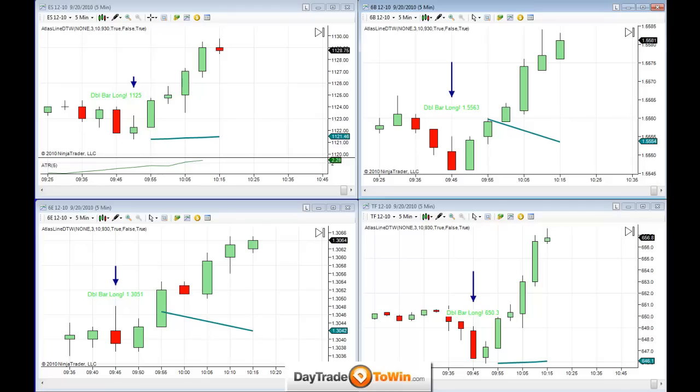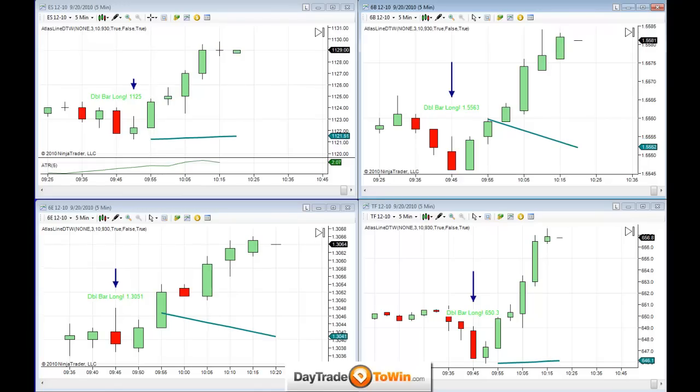I need to see at least 2 consecutive candles pulling back, so 2 consecutive bearish candles. Okay? Once that occurs, the first bullish candle that appears, at the close of that candle I want to take it long, because now it's proving to me that it's going back in the direction of the Atlas line, or I should say back in the direction of price being above and continuing higher.